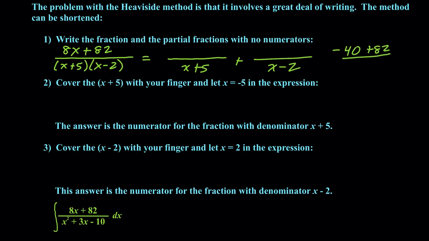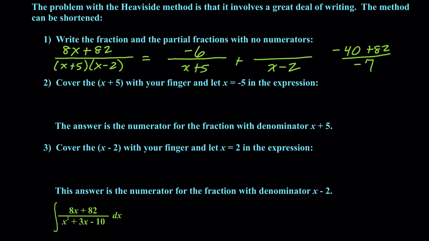And then in your denominator, again, this part you're ignoring. So negative 5 minus 2 is negative 7. That's going to give you 42 over negative 7, which is negative 6.